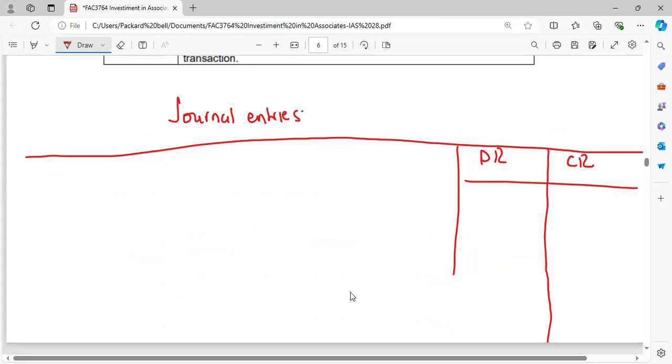Based on IAS 28, no, we call it share of profit in associate. This is a profit now, right? So we're going to reduce the share of profit in associate.